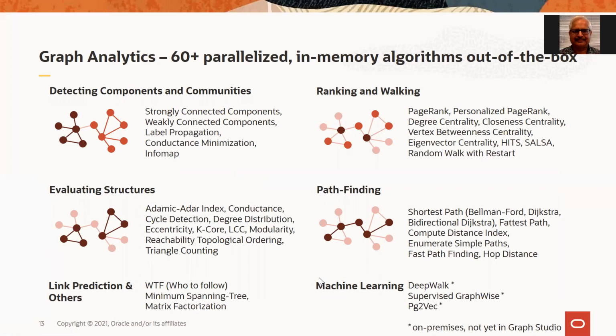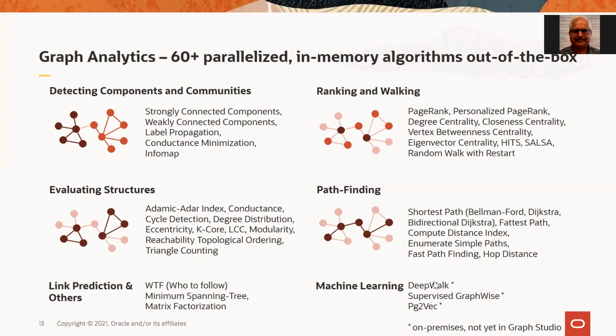Plus, there's a number of specific algorithms like the WTF algorithm, which is not what you think it is, but it's what Twitter uses for its who to follow algorithm. Or we have a number of machine learning algorithms which we have just made available in the production version of our on-premises product. These are the algorithms which we provide with the product, and have been providing since we launched the product back in 2016.